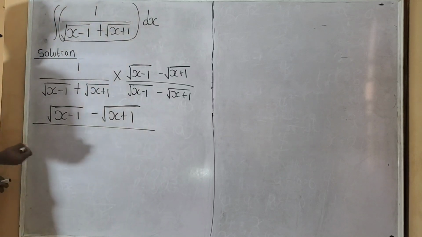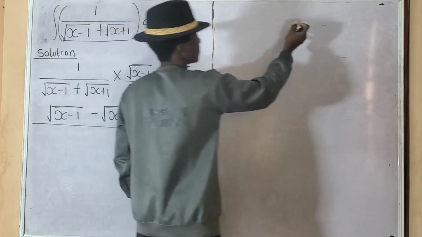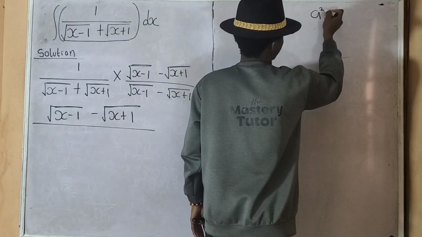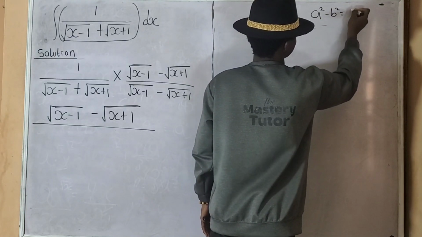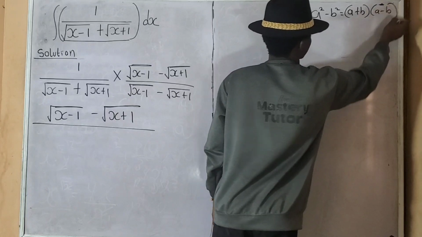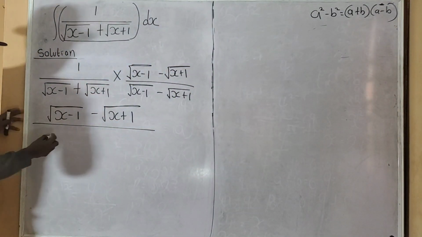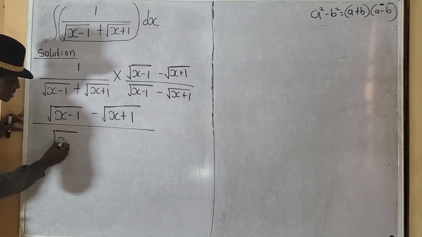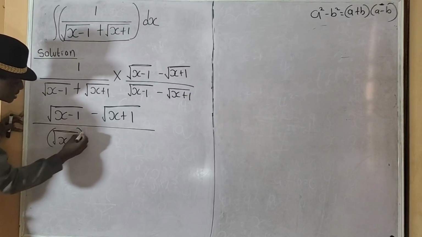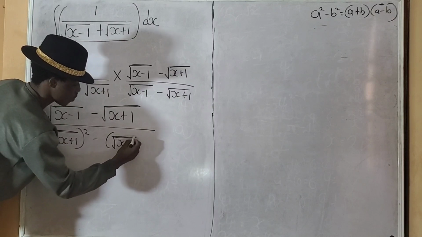This divided by, now, you know difference of two squares. If you have a squared minus b squared, this can be written as a plus b multiplied by a minus b. So I'm going to apply this rule here. For this, I'm going to have square root of x plus 1 squared minus square root of x minus 1 squared.